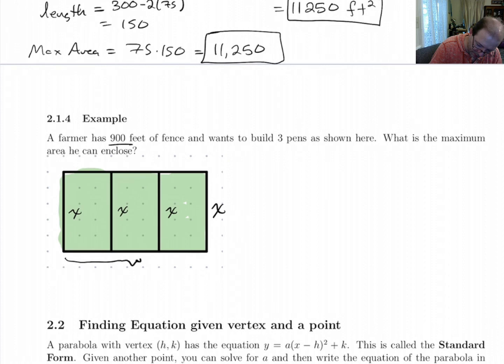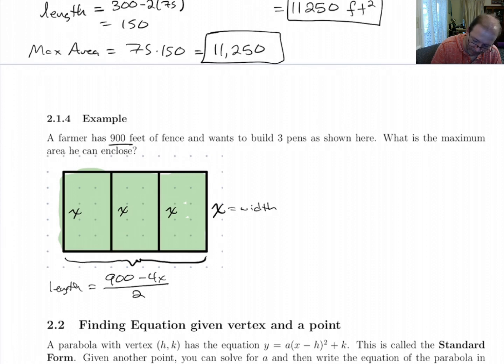And this length over here, and the length on the top, both of those are going to be 900 minus 4x over 2. Let's see, I can divide that out. That's going to be 450 minus 2x.